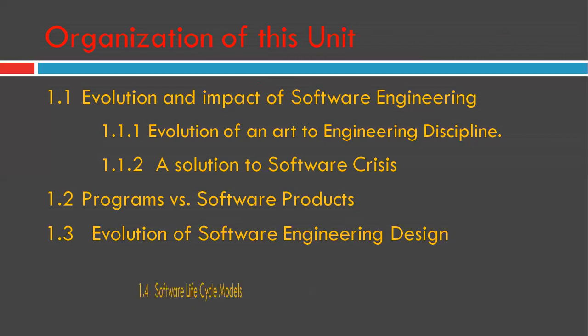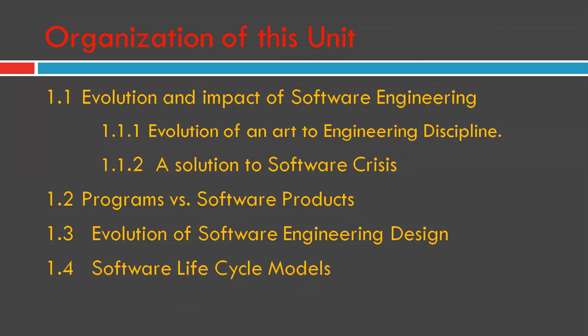And in our fourth video, we will discuss about the different life cycle models so that we will be able to explain what is life cycle model, explain what problems would occur if no life cycle model is followed. And here we identify the different software life cycle models.